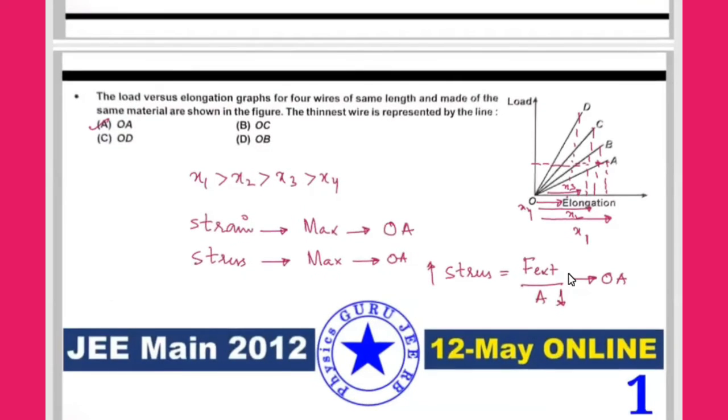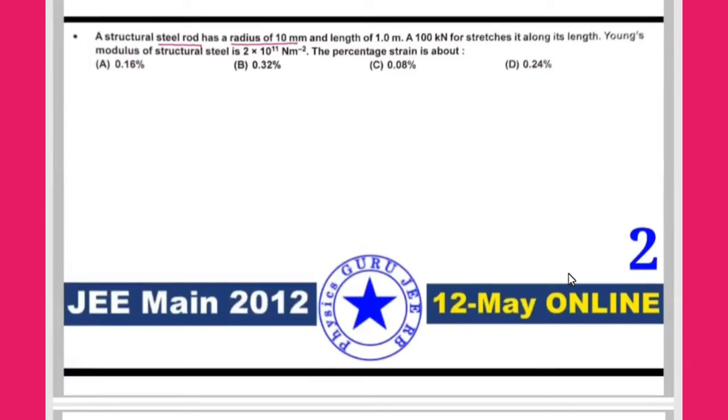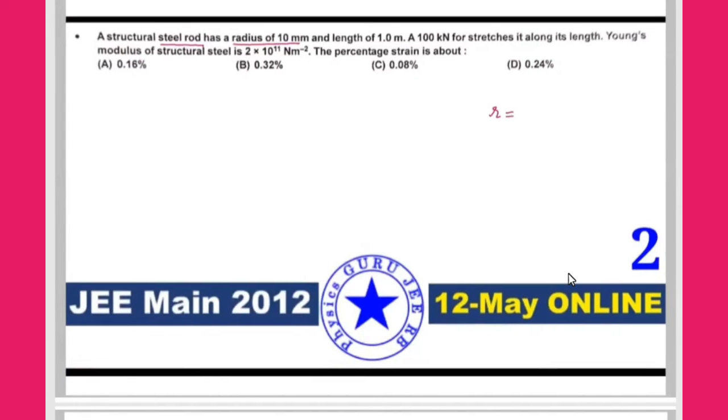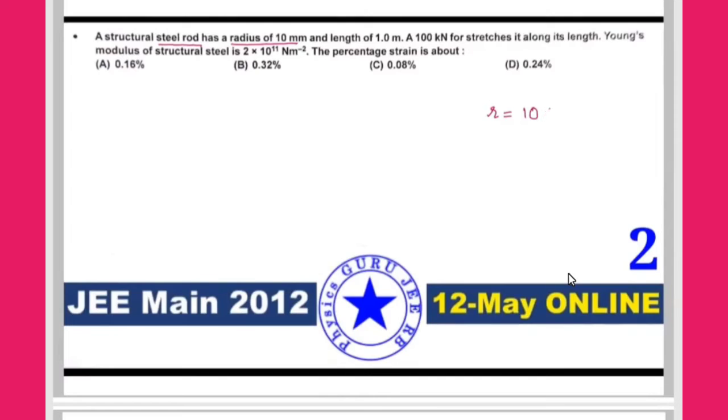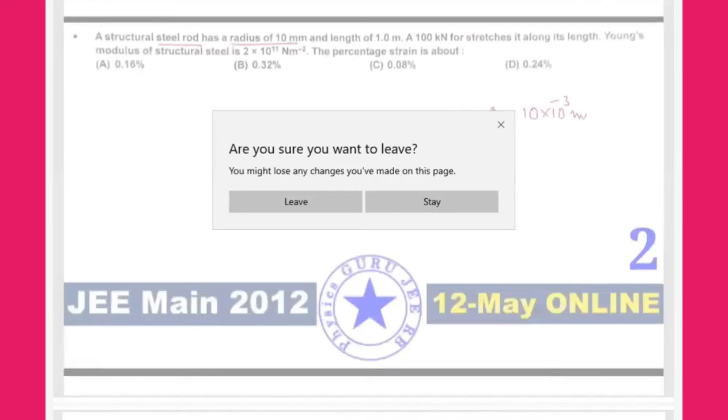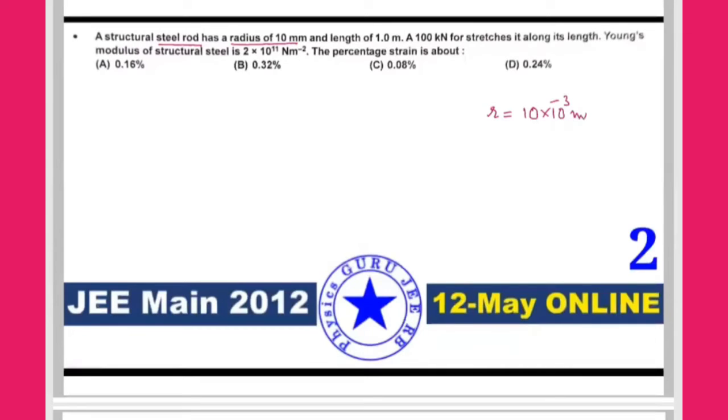Radius r equals 10 into 10 to the power of minus 3 meters. And the length of the wire L equals 1 meter. 1 meter is the length of the wire.